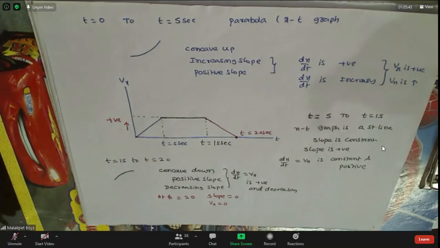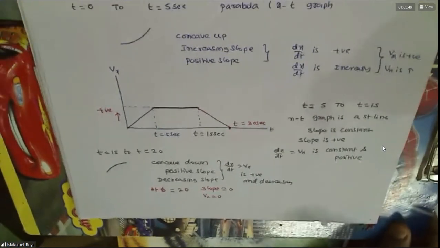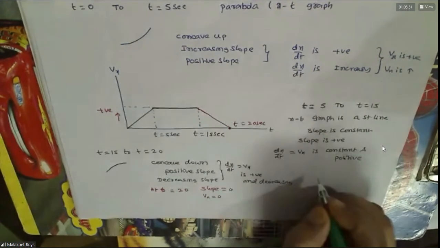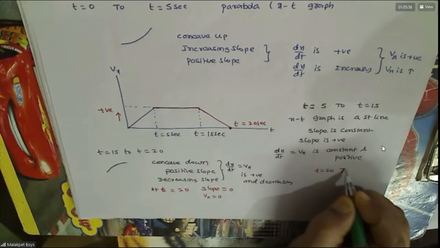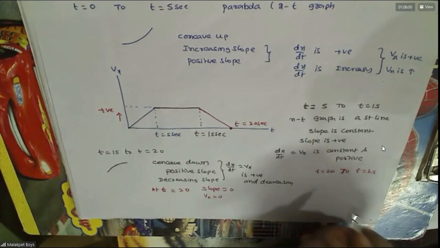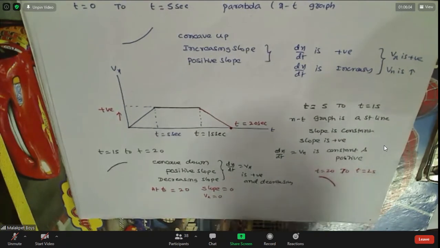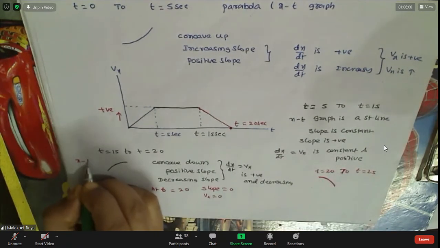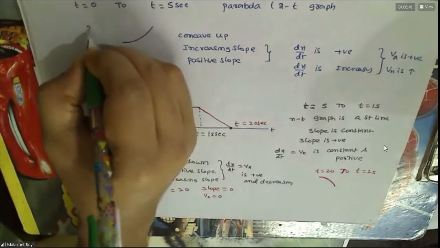Next it is asking between 20 and 25 seconds. The parabola is this side, the given parabola. This is the x-t graph.